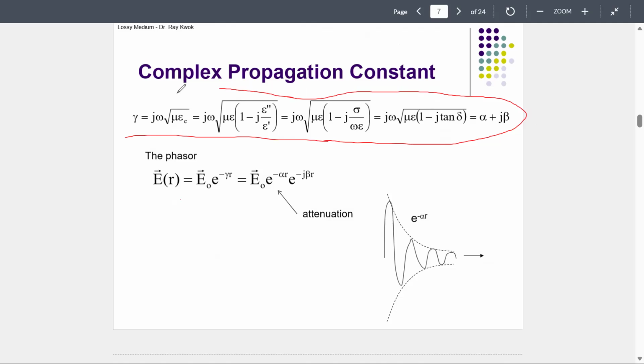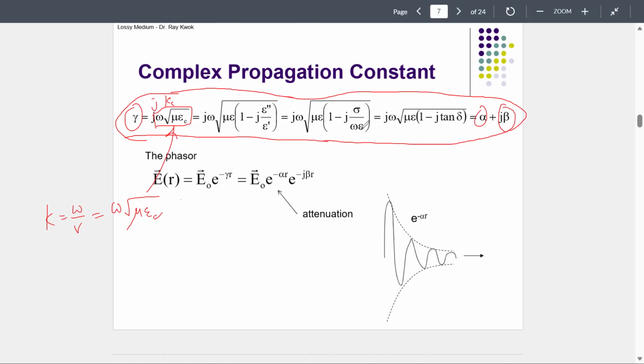Let's see how we use it. We say gamma is j k_c, and this is what k_c is. k is basically omega over velocity, and velocity is the square root of mu epsilon. And then we can write gamma as alpha plus j beta.